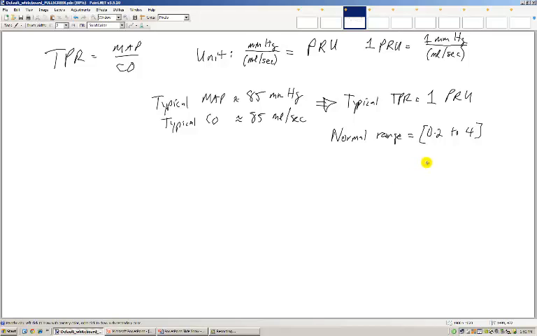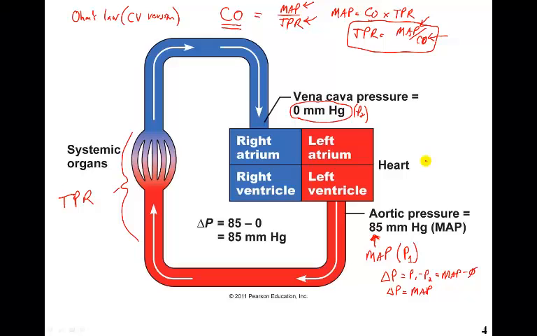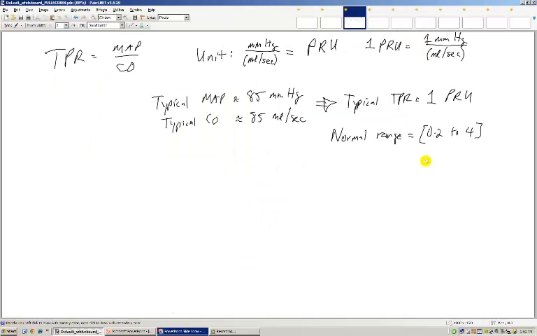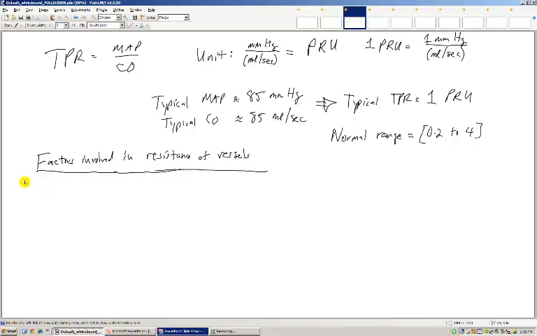So what is it that causes TPR to vary, though? What are the factors that go into the resistance of the vascular system? Okay. So factors involved in resistance of vessels. There are kind of two factors that go in.